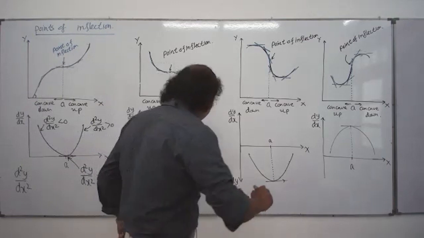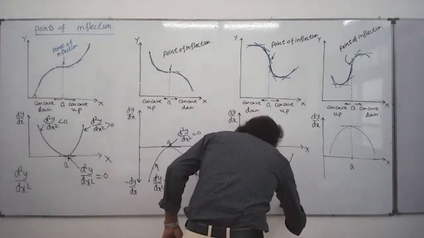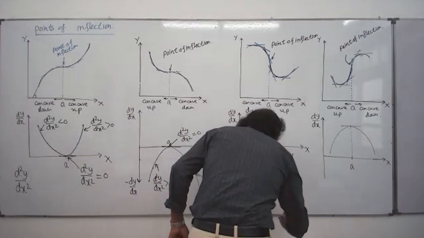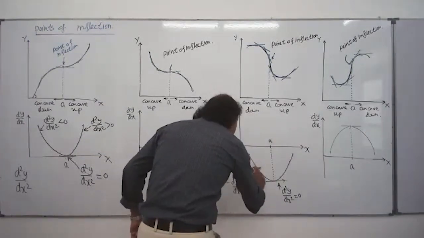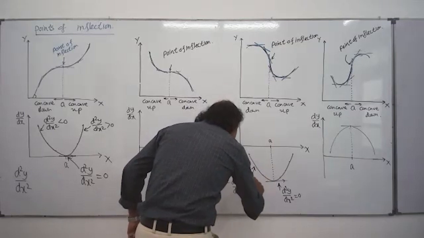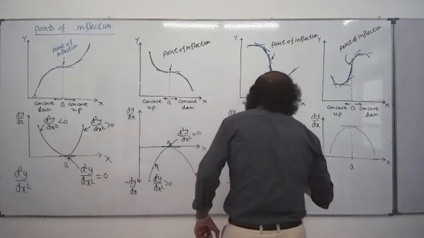Here also, second derivative 0. Here, second derivative negative in this interval. Here, positive.